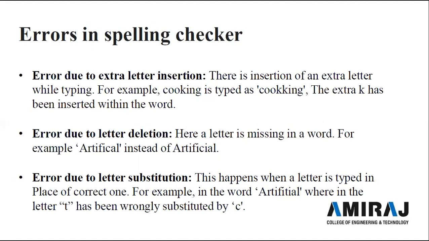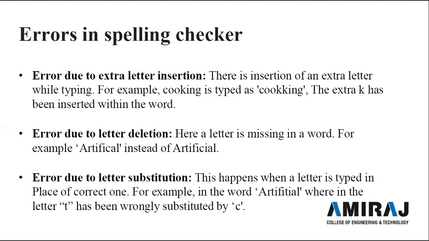That is insertion of an extra letter while typing. For example, cooking is typed as cookking, where there are two Ks, one of which is not necessary, it is incorrect. The extra K has been inserted within the word, right?